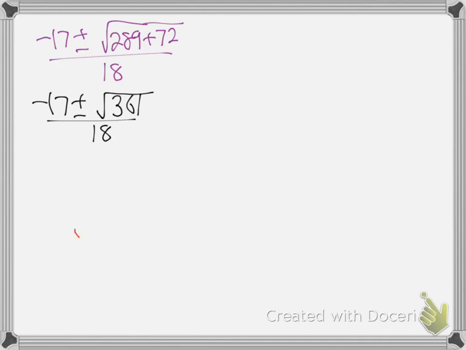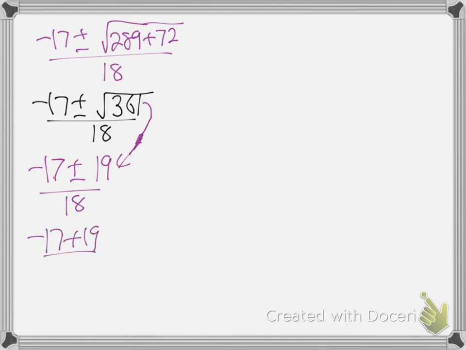And so that's minus 17 plus or minus. Now, root of 361, just do that in your calculator, that's just 19. So now remember, when that just becomes a plain number, when the root vanishes, because it was a clean root, the root of 361 is just 19, then you break it into the two options, right?